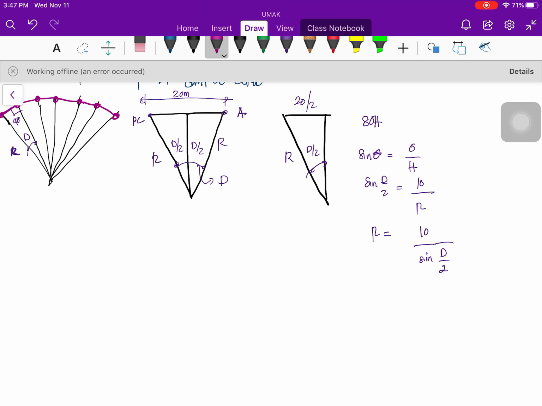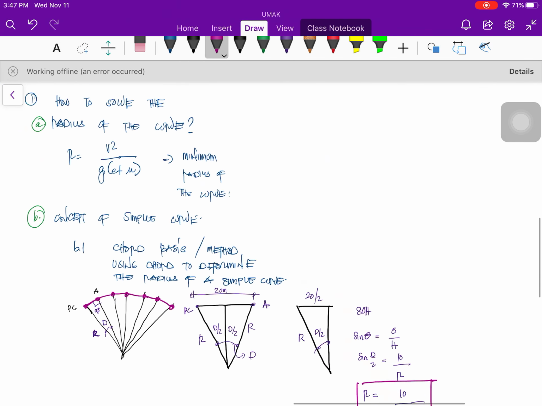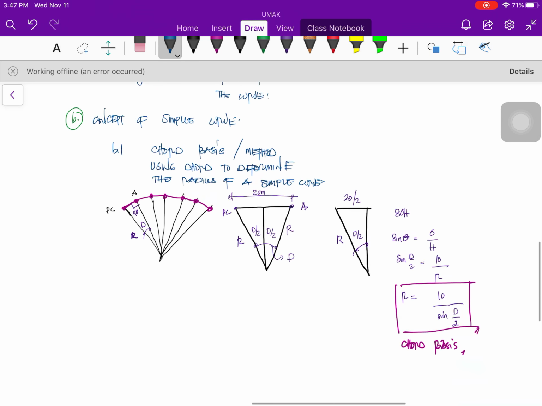So that's your first formula for chord basis on determining the minimum radius of a simple curve.